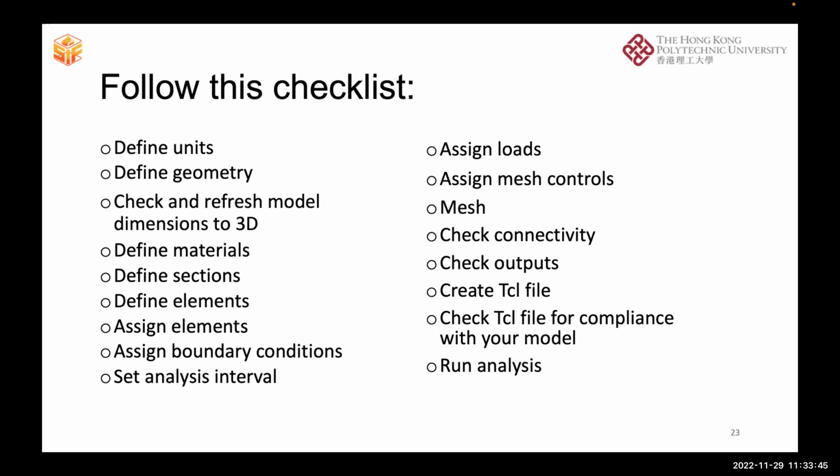So this slide contains a long checklist of things that you need to do step by step to build a model with the least amount of errors. I took that and printed it out for myself so that as I go through this, it'll be more or less exactly what you'd be going through when you're building your own models.